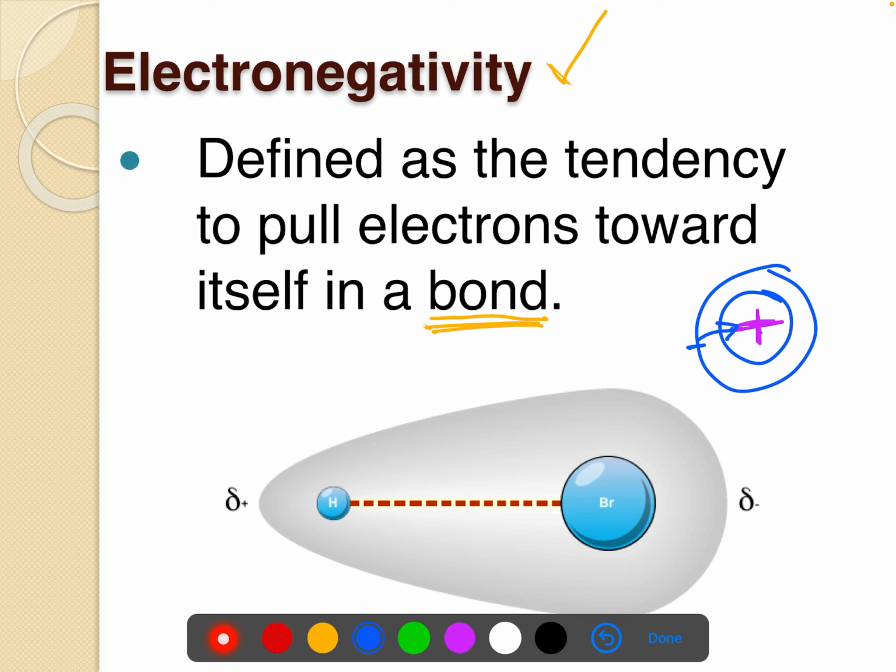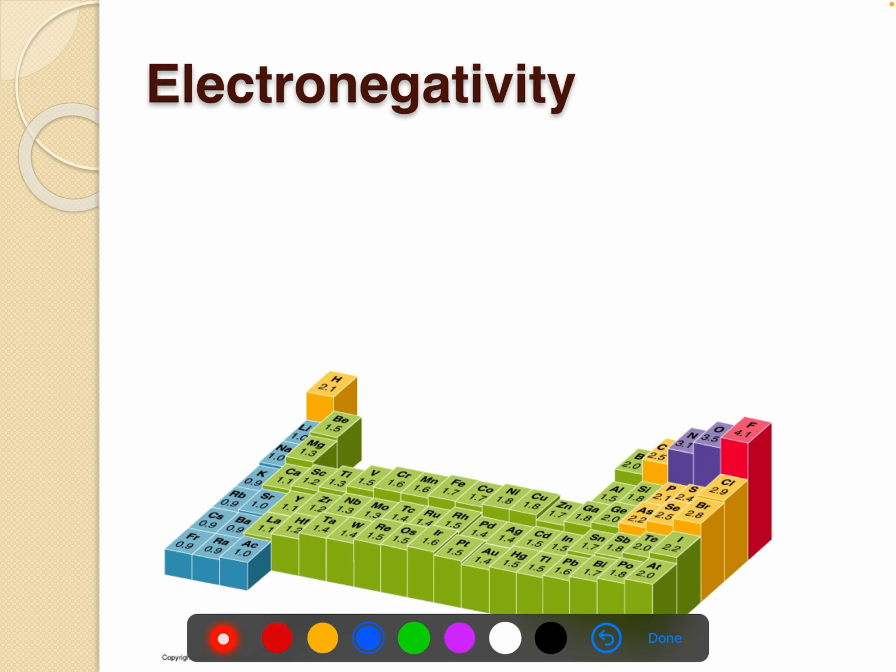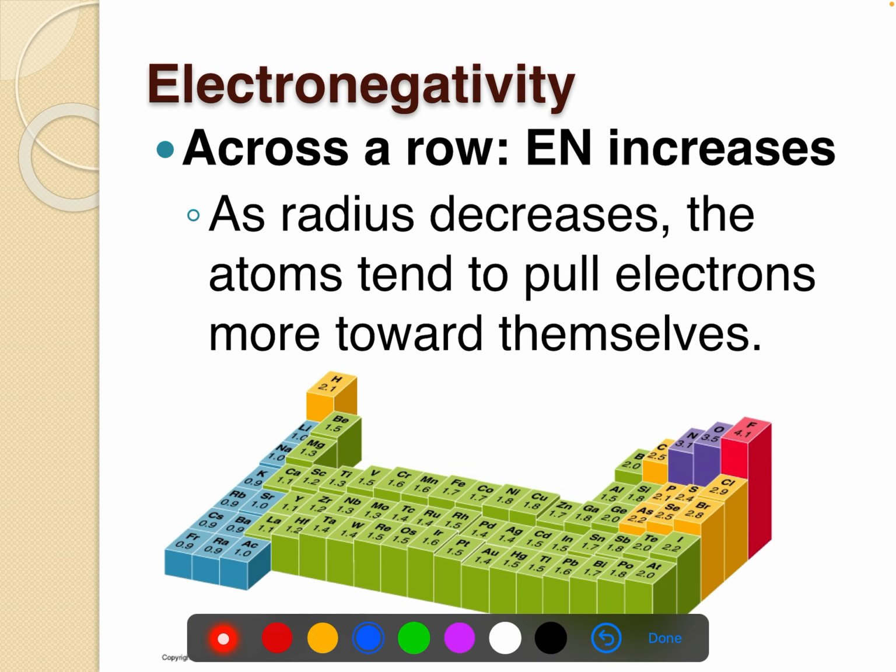So you can probably predict what's going to happen if we move across a row. Same thing for down a row, all right? As we move across a row, electronegativity increases. Now you'll notice these numbers here that they use for electronegativity. They don't actually have a unit, it's a relative scale.